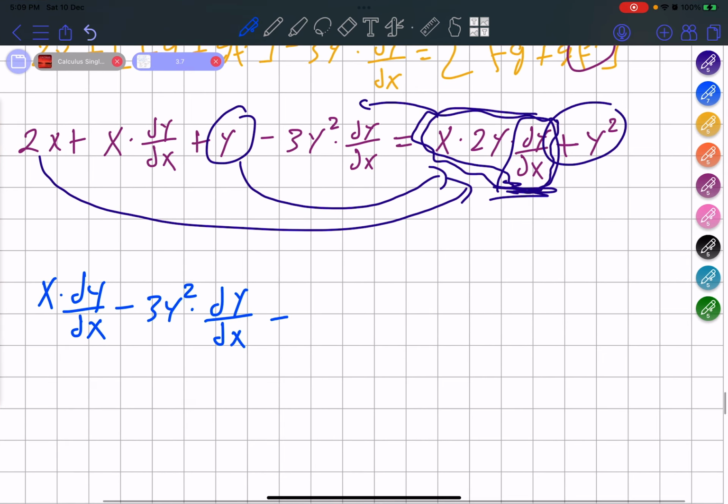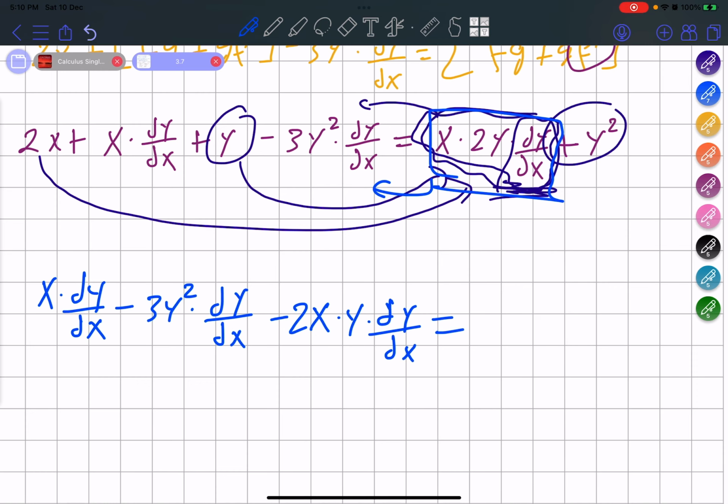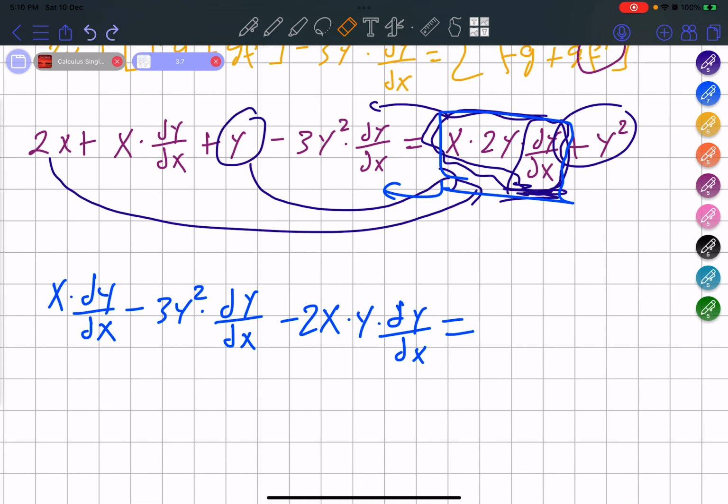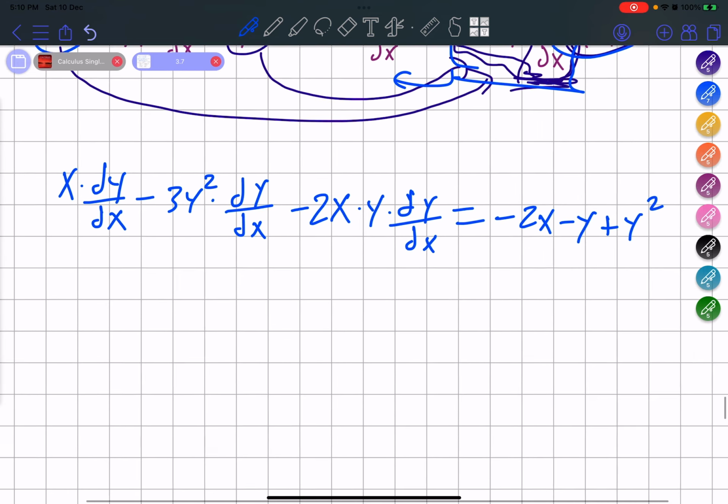Again, minus here, this entire value, we will put it to the other side, which becomes x times 2y, or we can just put 2 here, so it becomes 2xy times dy over dx. It will equal 2x, as we said here, so it becomes negative 2x because we put it to the other side. Plus y will become minus y, and plus y squared will be the same, plus y squared, okay?